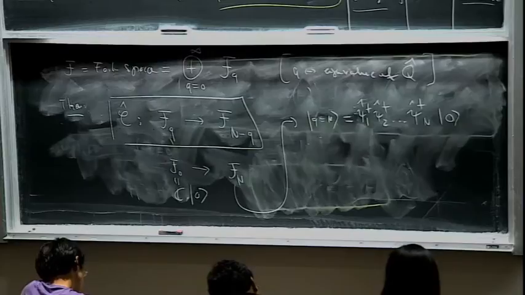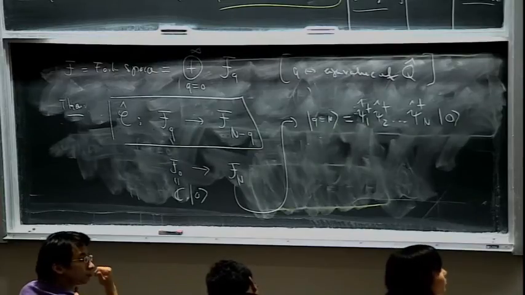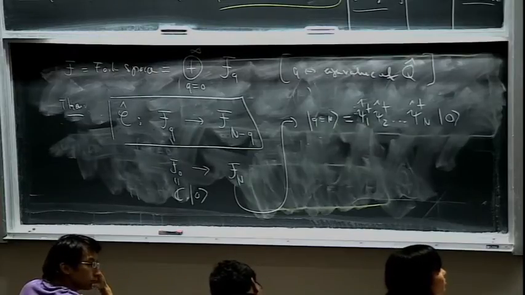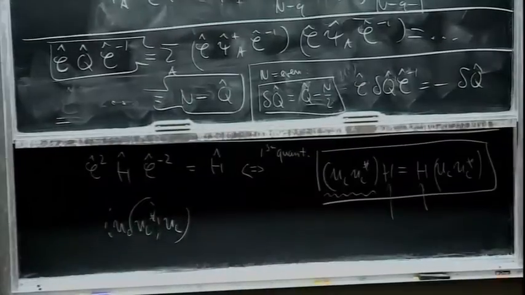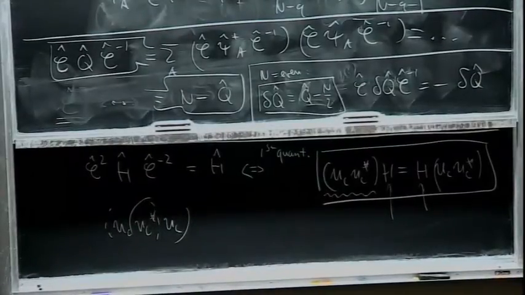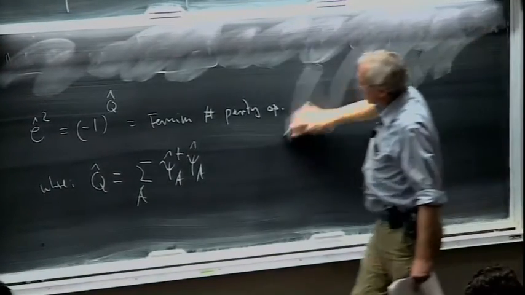it's similar to charge conjugation. It maps psi's into psi daggers and psi daggers into psi. And so this one we can easily remember by just thinking about the first quantized implementation of S on a first quantized Hilbert space. Let me do that now.